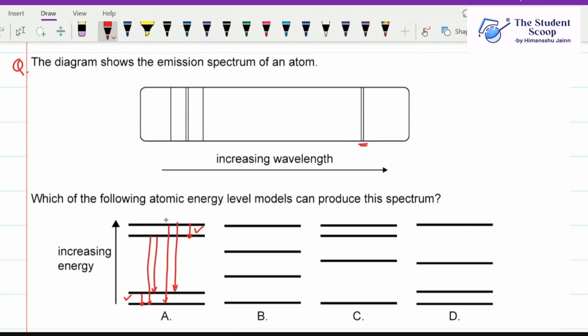Then we have 2 wavelengths which are almost of the same length. Let's say this is A and this is B; they have the same difference in energy, so they might correspond to these two. And then we have this, let's say C and D. This is the longest difference. So this is B and A, and this is D, and let's say these are E and F.